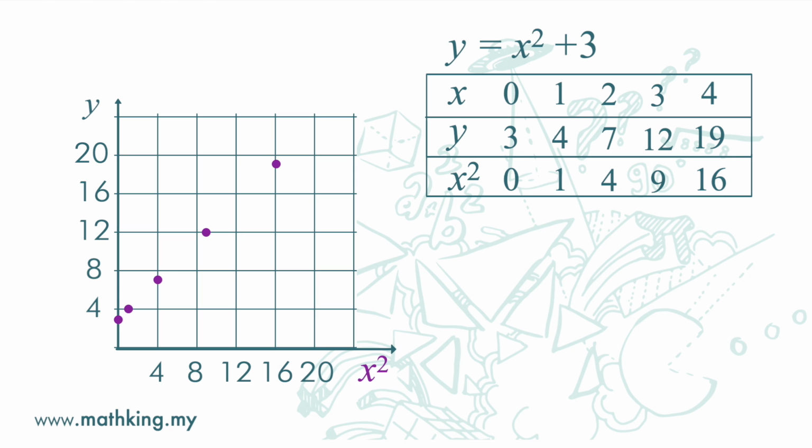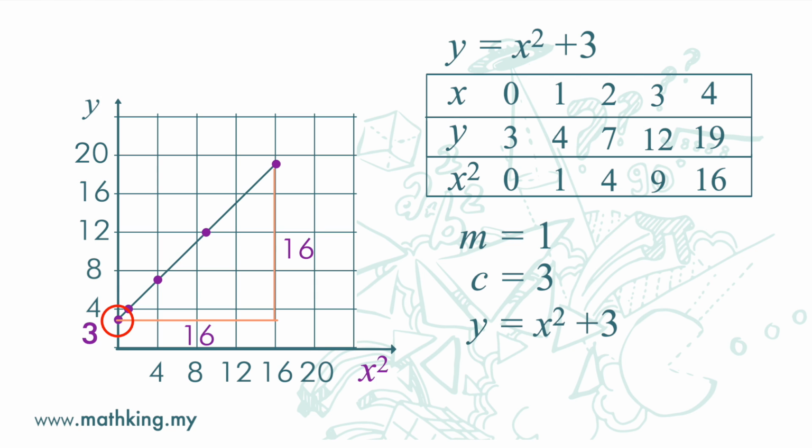And then we draw a straight line. The gradient is 1. And the y-intercept is 3. So the equation for this straight line is y equal x squared plus 3.